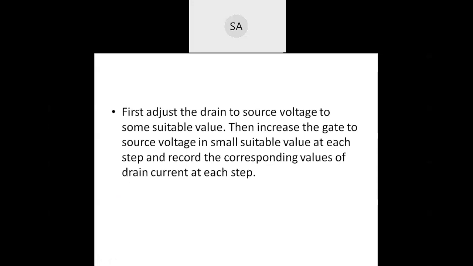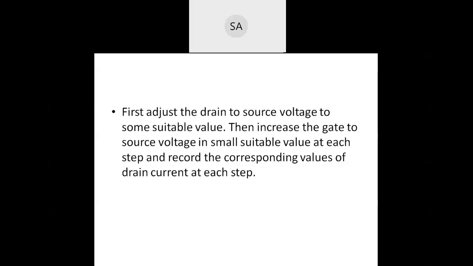First, adjust the drain to source voltage to some suitable value. Here we are making VDS constant, so we adjust the drain to source voltage to a particular value. Then increase the gate to source voltage in small steps and record the corresponding drain current at each step.